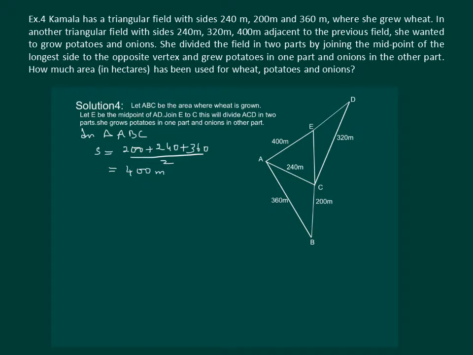Now let us find the area. By Hero's formula, we have under root of S, that is 400, into S minus A, that is 400 minus 200, S minus B, 400 minus 240, into S minus C, that is 400 minus 360.